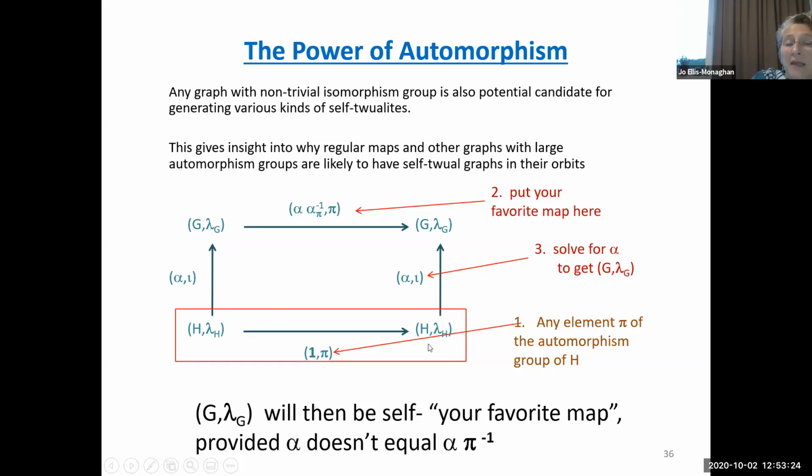And now you can play that same game. Your something nice down here is just an element of the automorphism group. And this reveals why regular maps, which have these huge automorphism groups, were a rich field for looking for self-petrial, self-dual kinds of graphs, because you can play this game with the automorphism group.